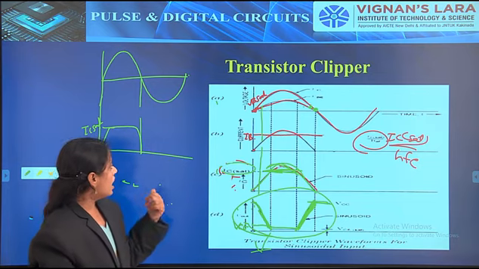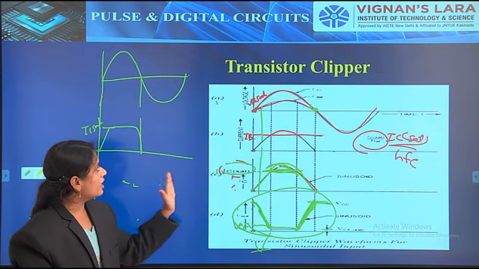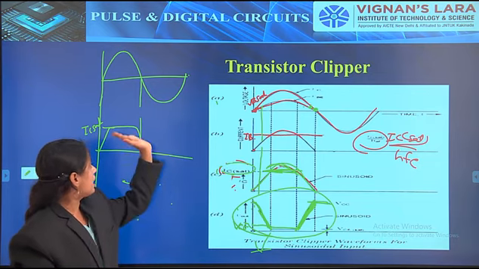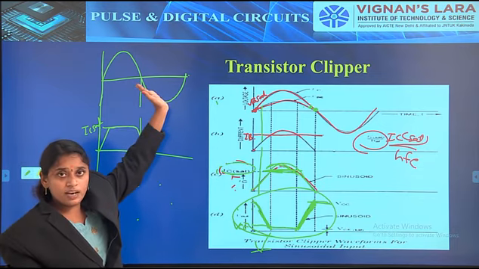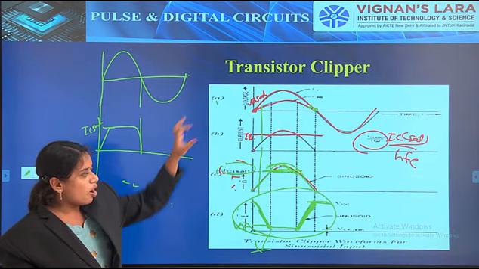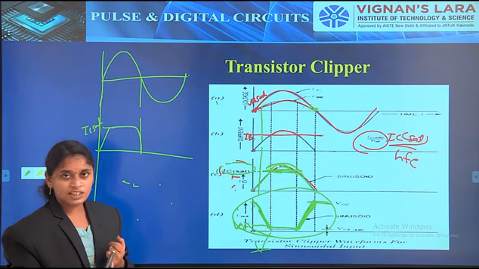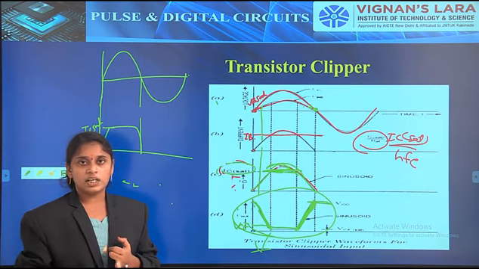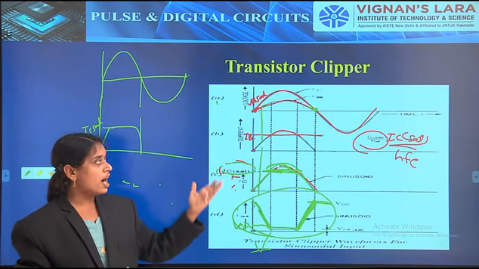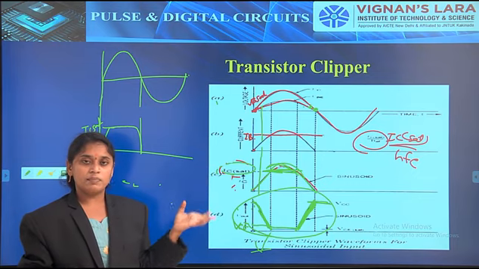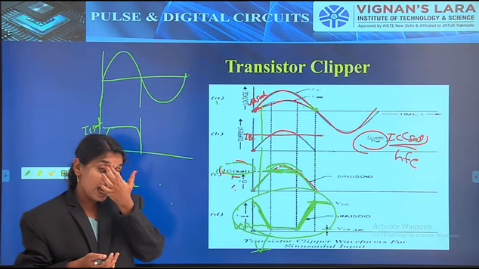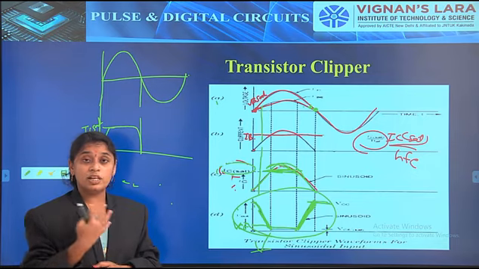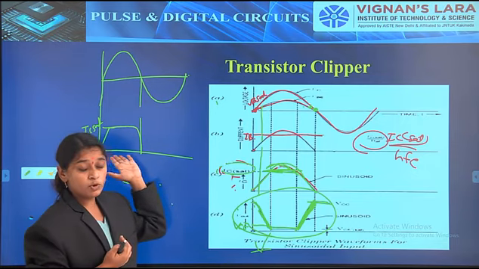Signals less than the reference, the negative signal, will be clipped, and at the same time signals more than IC sat will also be clipped. So it is not meant for a particular purpose. It is not just a positive clipper or a negative clipper. It clips the negative part, the negative IC sat signal, as well as the signal more than IC sat, so the maximum signal will be cut and removed at the output side.